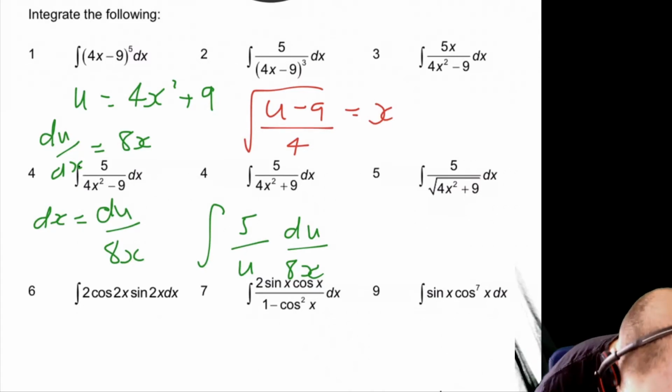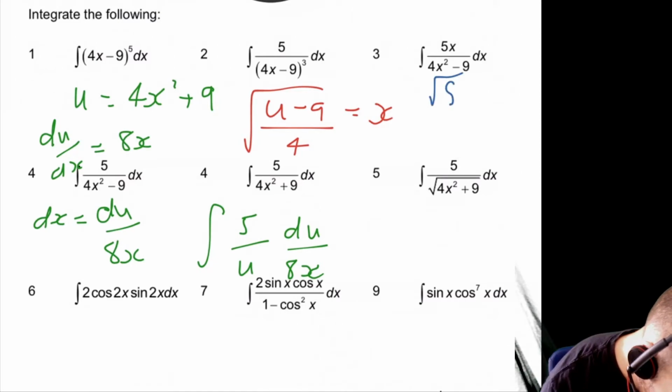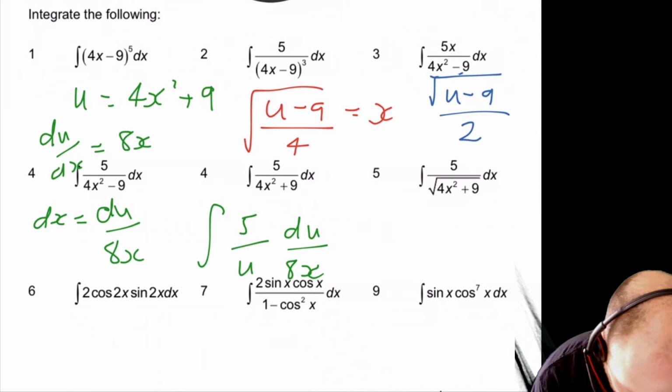Not very optimistic, but let's keep going with it. So that's, in other words, x equals root(u - 9) over 2.